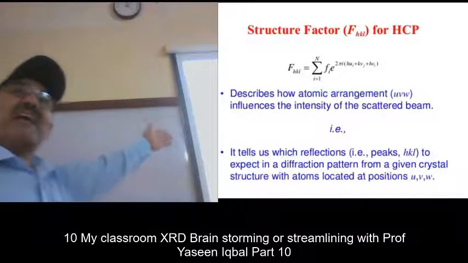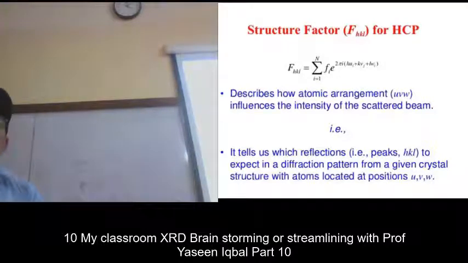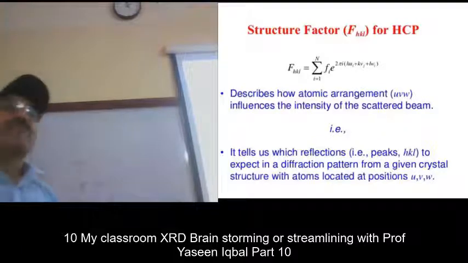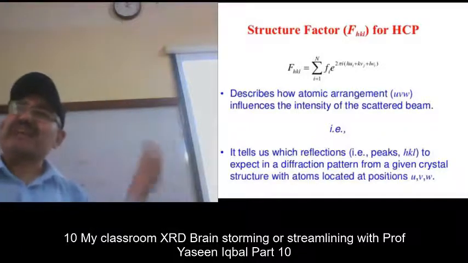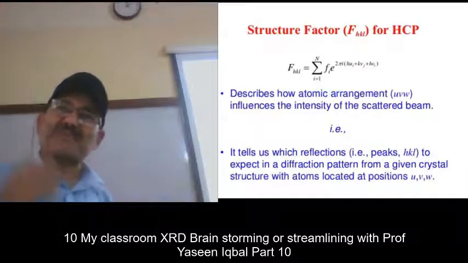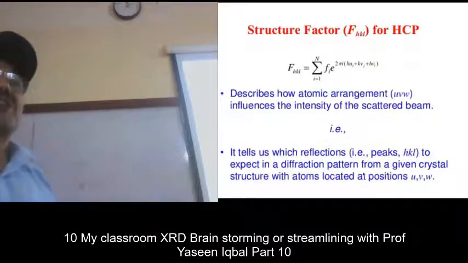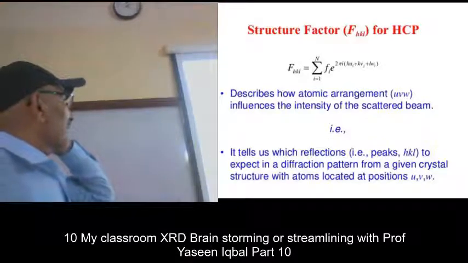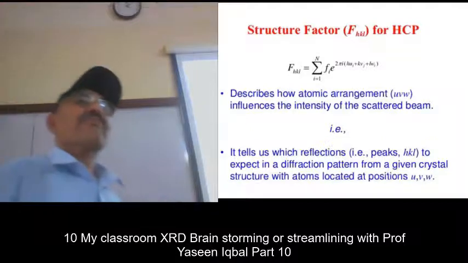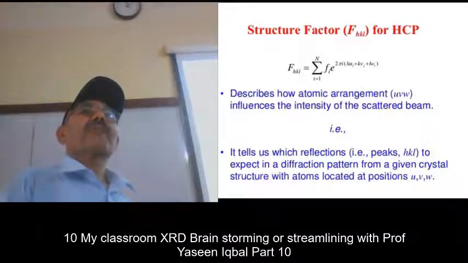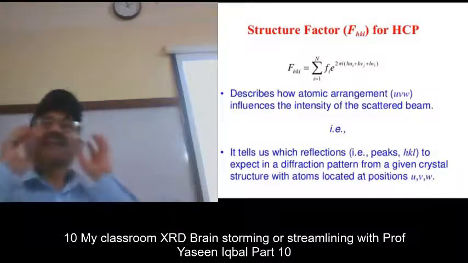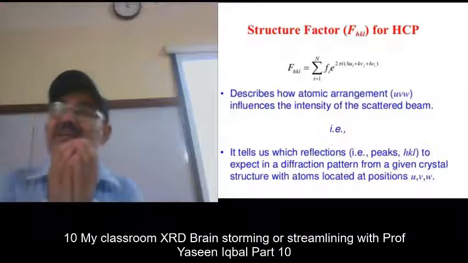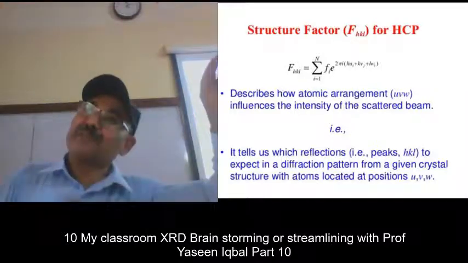And just like we are saying the packing fraction is different for cubic, for BCC, for FCC, and for other crystal systems, in the same way, the structure factor depends upon how many scattering centers are coming in front of the beam.